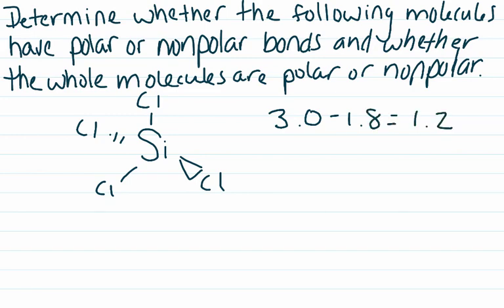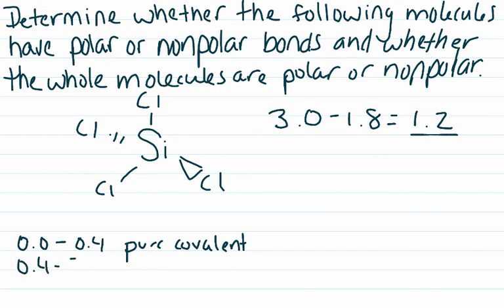If that number falls between 0 and 0.4, we call it a pure covalent bond. That means for all intents and purposes, those electrons are shared equally. If it falls between 0.4 and 2.0, then it is a polar covalent bond.